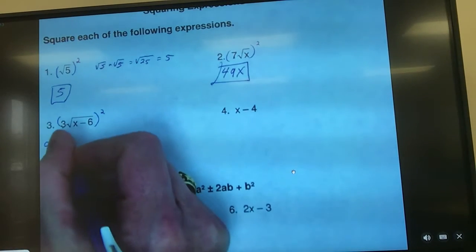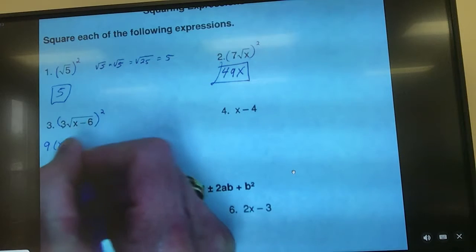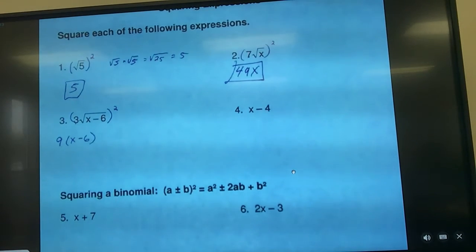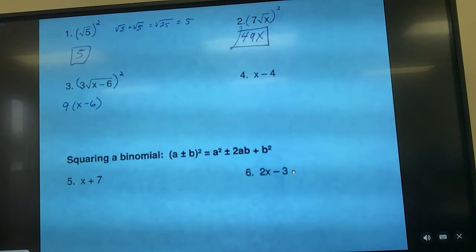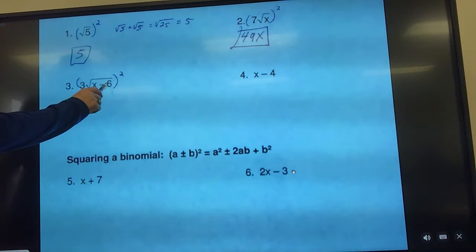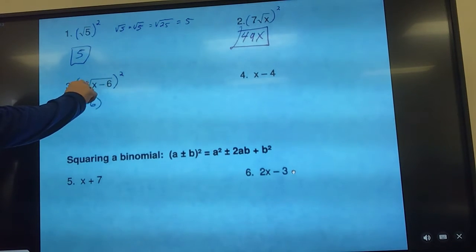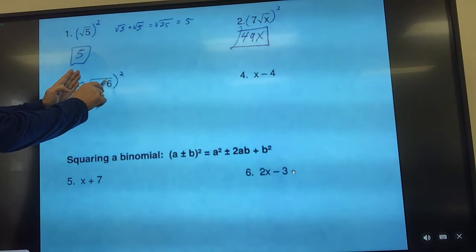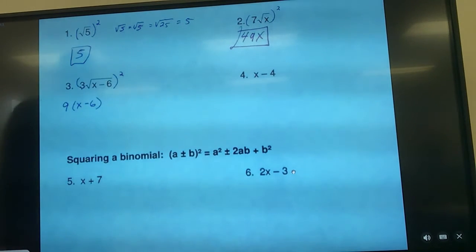So I have to put it like this because it's multiplied, so x minus 6, like that. Can I clean that up? So you don't have to square that 6? Nope. We don't have to square anything under here, like literally square it and make that 36, because it's all underneath and protected. So when I square a square root, it just drops this and then puts it down. Boom. Just like we did here.